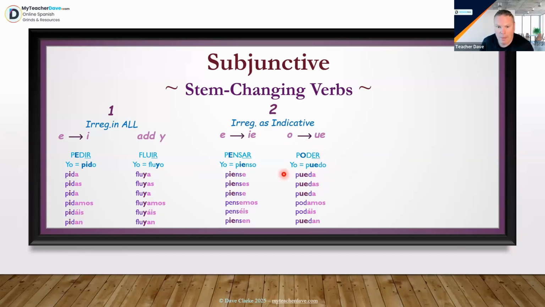So that would give us pueda, puedas, pueda. Notice there's no irregularity in these two parts of the verb, in the we and the ye. It kind of jumps over. So we go back to our original root, podamos, podáis, and the last one then, pueda.